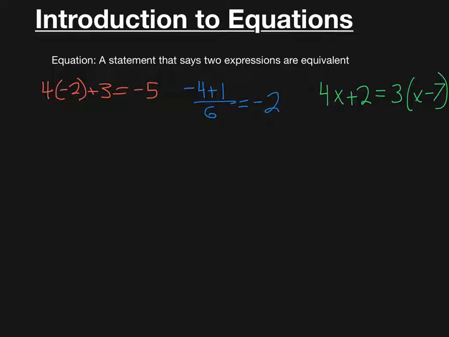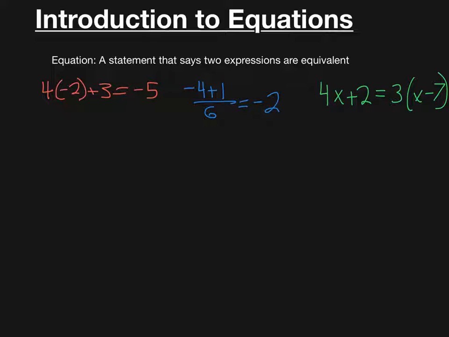Our first equation says that 4 times negative 2 plus 3 equals negative 5, right? We have one expression on the left, 4 times negative 2 plus 3, and we're saying that's equal to this expression on the right, negative 5. So we have two expressions that are equivalent. Now, it's always a good idea to see if the equation is actually true.